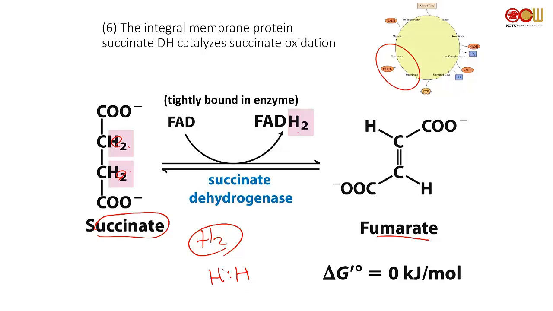So your hydrogen is going to go from succinate to FAD, and you generate FADH2. Now, there is a key characteristic that I want you guys to know. FAD is tightly bound in the enzyme. This is similar to when we saw pyruvate dehydrogenase, where FAD is in the enzyme. It's not flying around in the solution. It's not floating. It's in the enzyme.